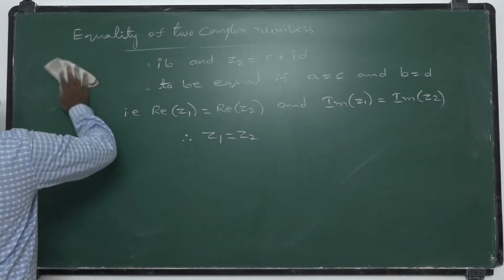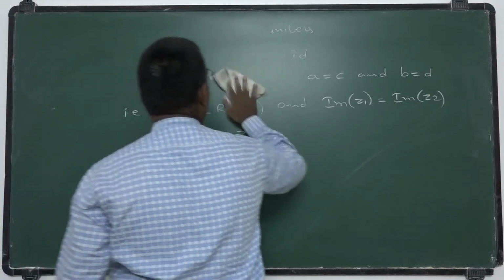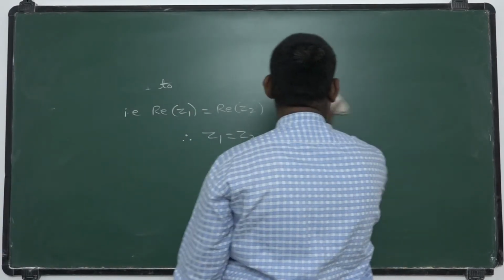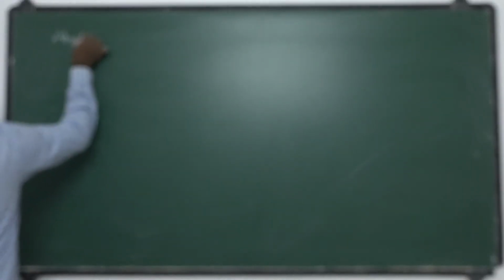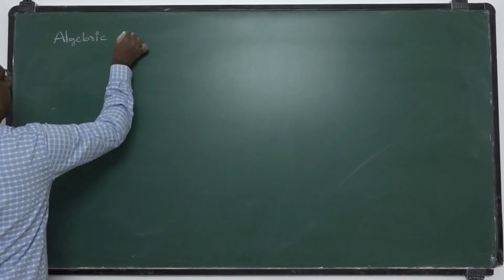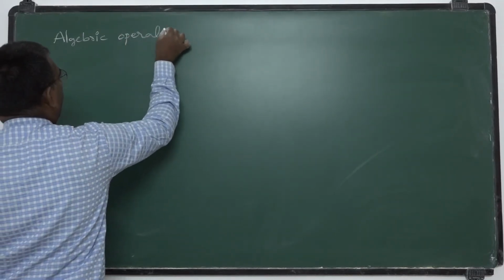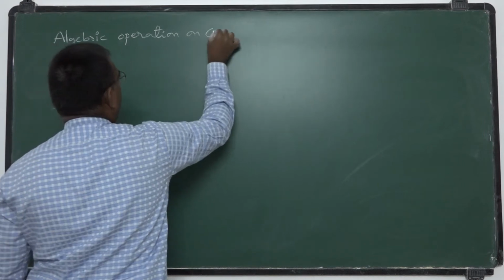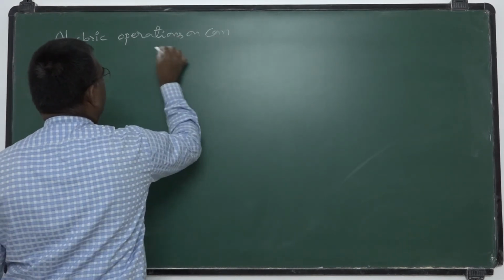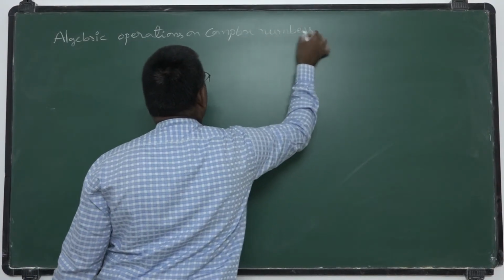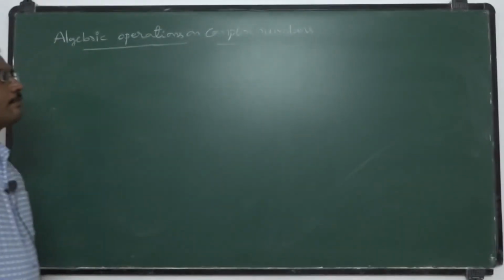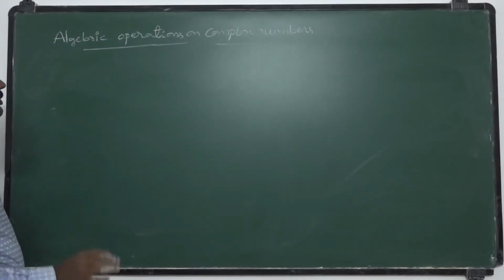Next we discuss algebraic operations on complex numbers. I am going to take two complex numbers.